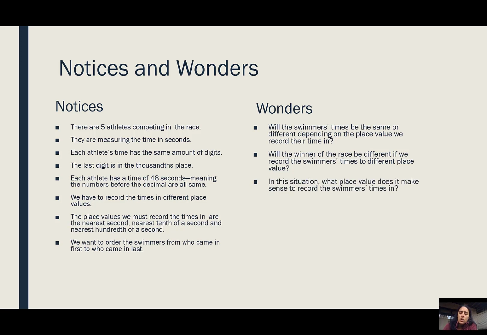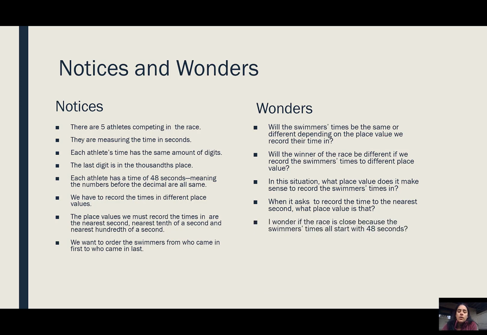In this situation, what place value does it make sense to record the swimmers' times in? When it asks to record the time to the nearest second, what place value is that? I wonder if the race is close because the swimmers' times all start with 48 seconds.